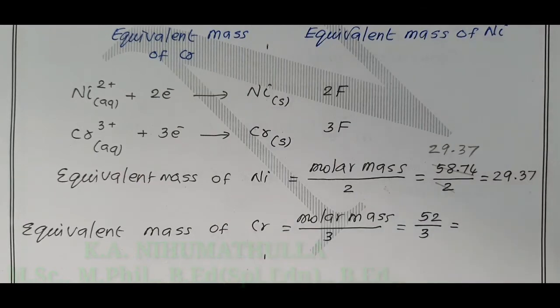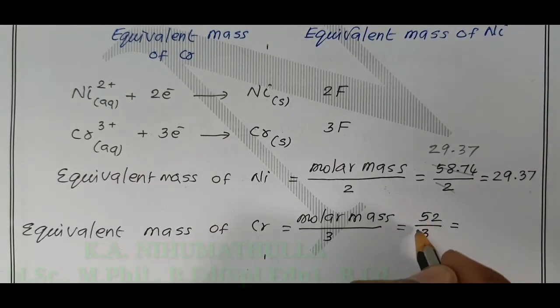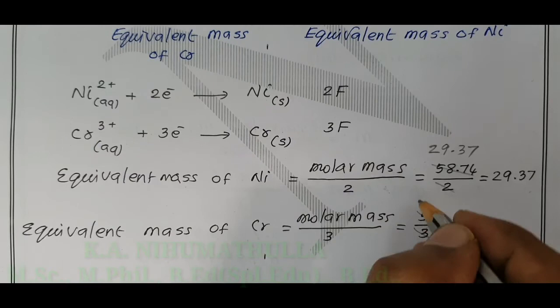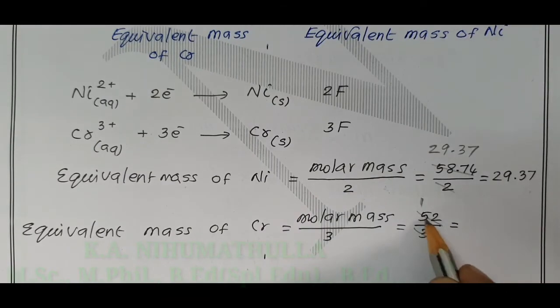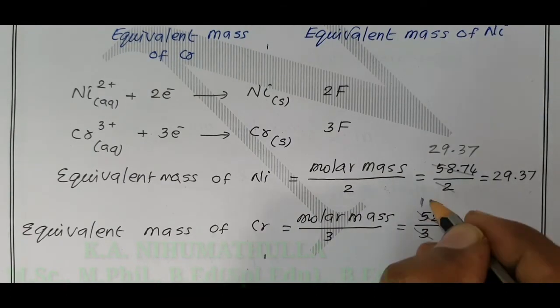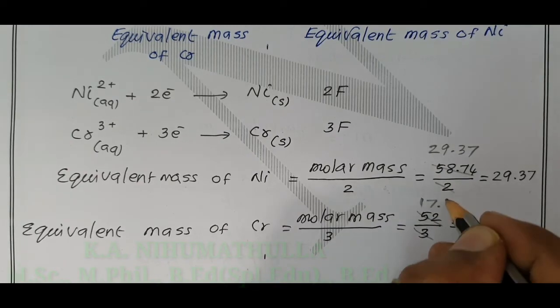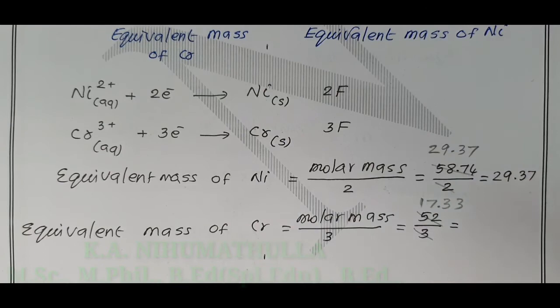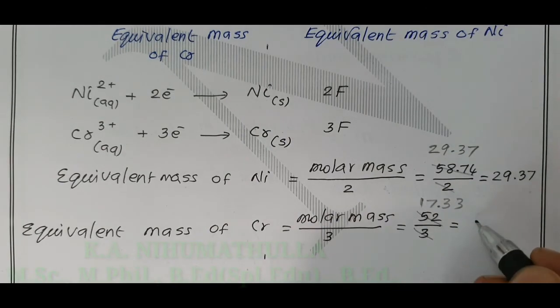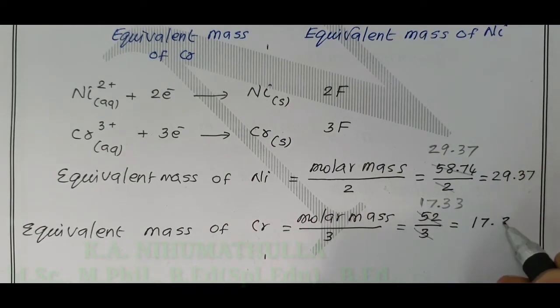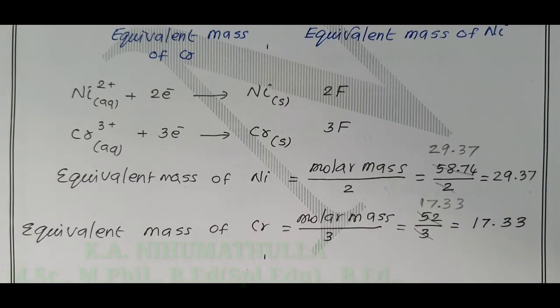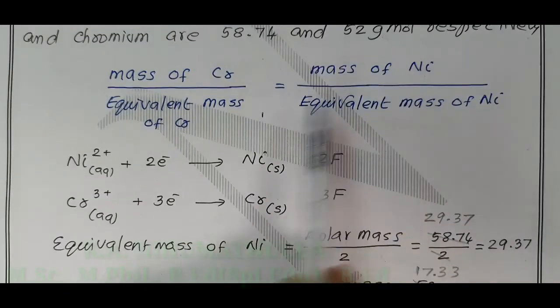That is equal to 17.33 gram. So what is the equivalent mass of chromium? 17.33 gram. Now substitute all the equivalent mass values and mass of nickel in this equation.